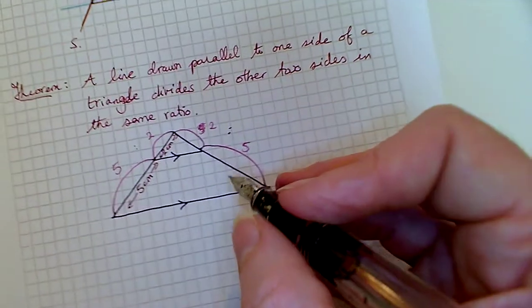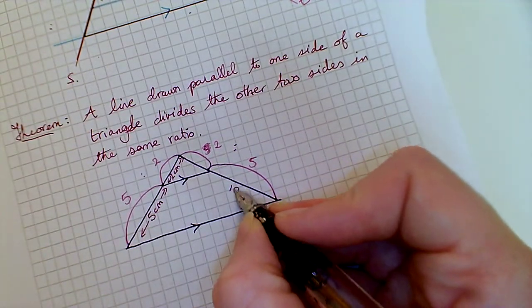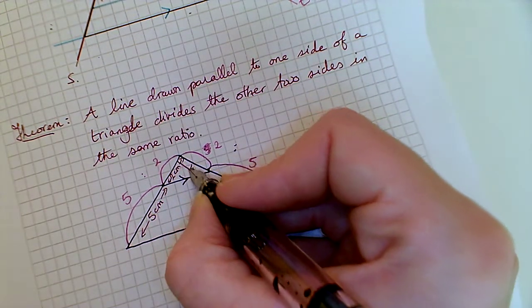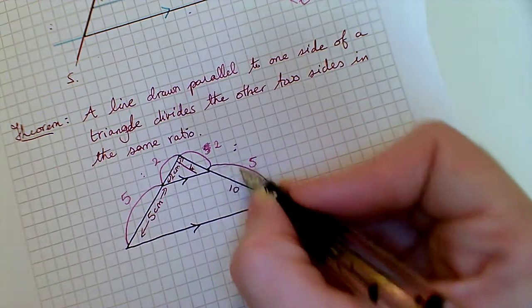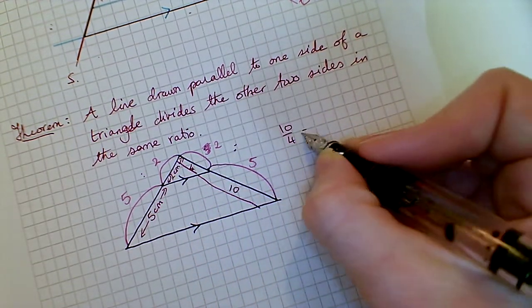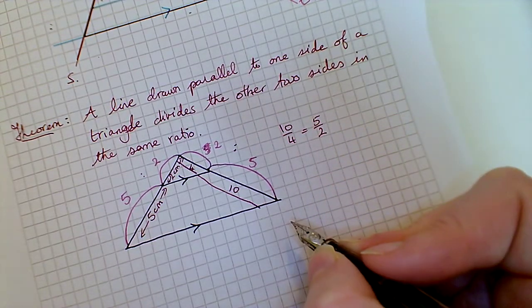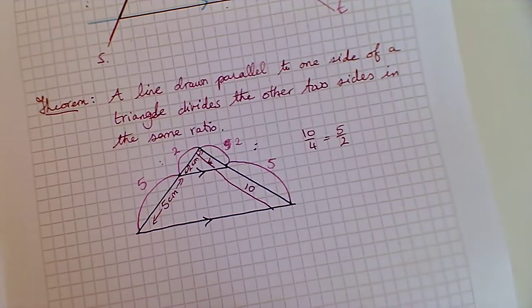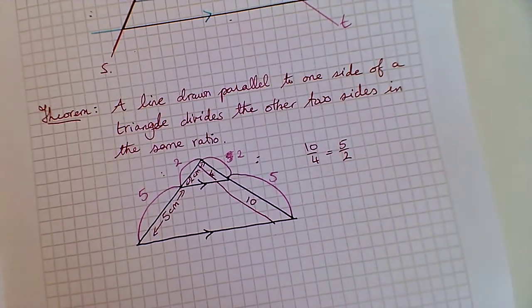So if this was 10, then this would be 4. That's what I'm saying. Because 10 over 4 is the same as 5/2. So if this was 15, this would be 6, and so on. So that's the idea of that theorem.